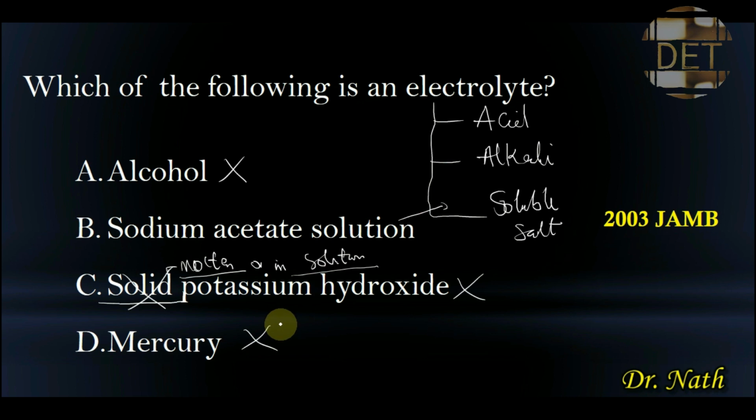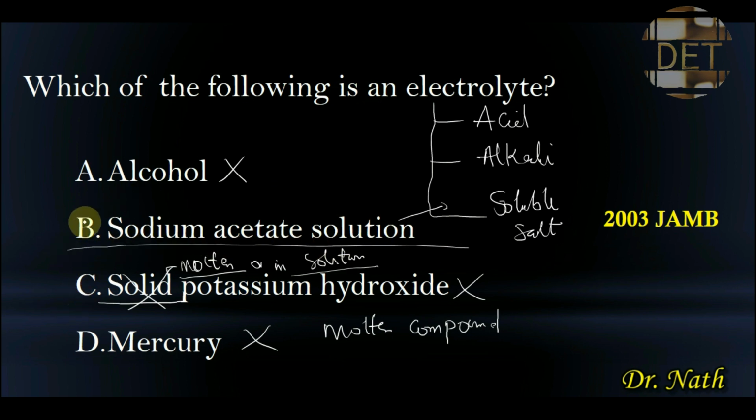Though it will conduct electricity, an electrolyte is a molten compound or a compound in solution. Mercury is an example of an element, not a compound. So the correct option to this question is option B. Sodium acetate solution is an example of an electrolyte.